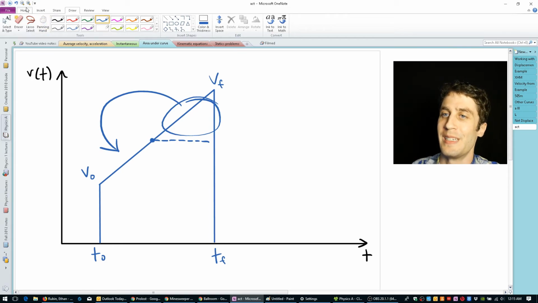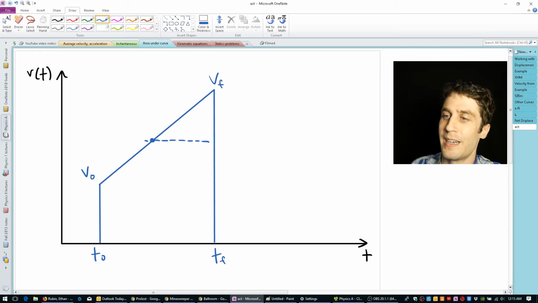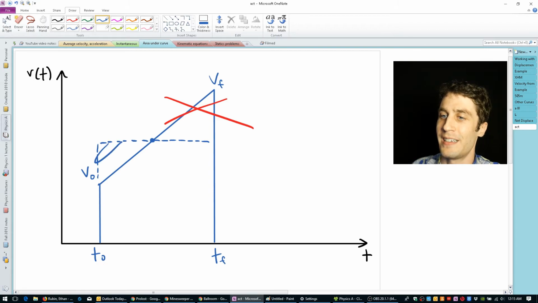All right? So we've chopped off that triangle, and we've replaced it down here. So this piece up here, I want you to just ignore. And this piece in here is now filled in.